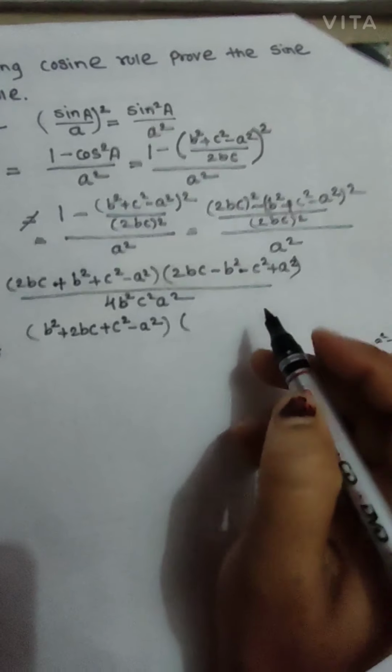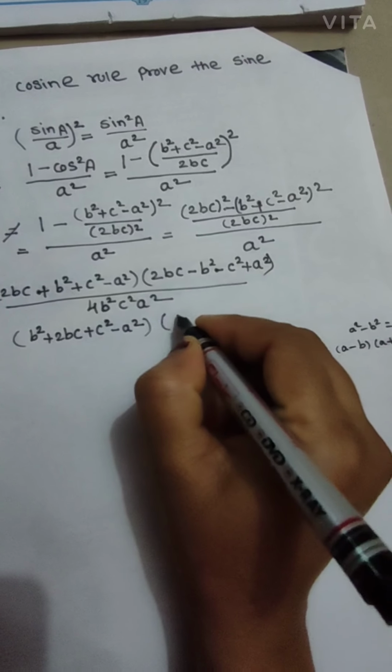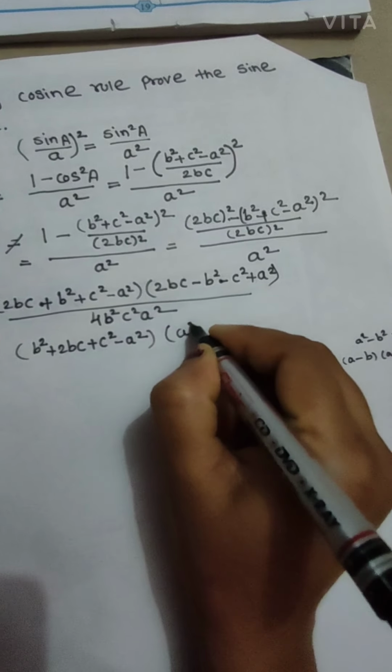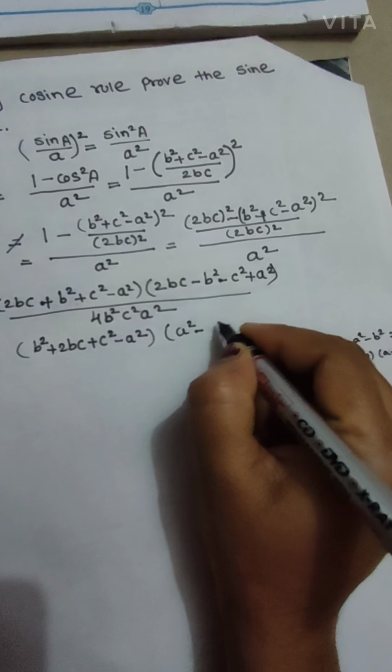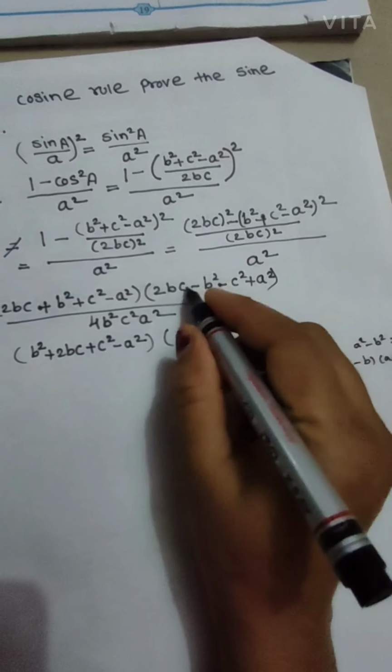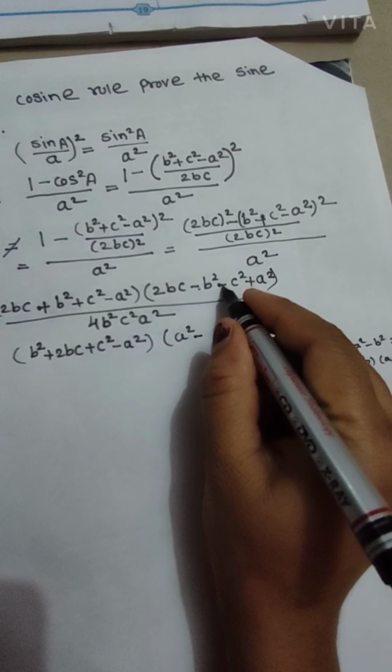So here you can write a square minus, this thing is minus, this thing is minus.